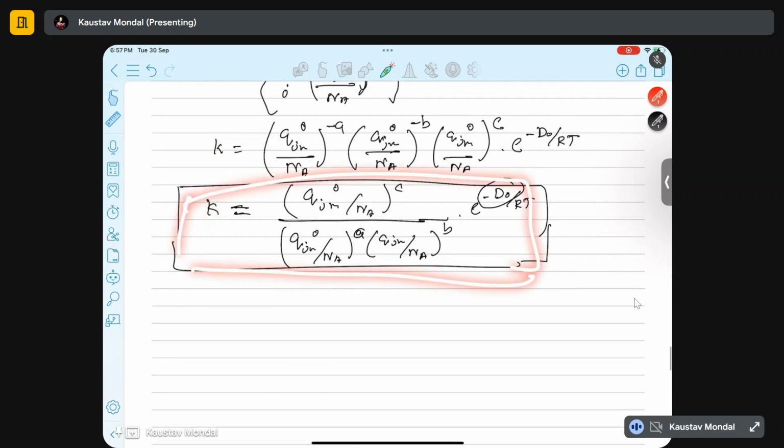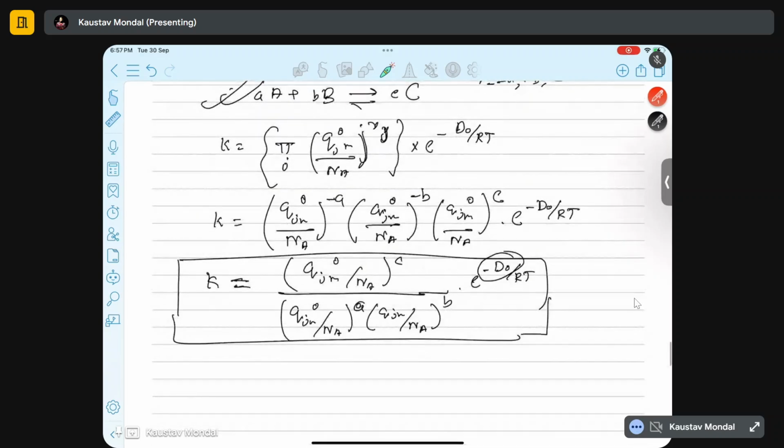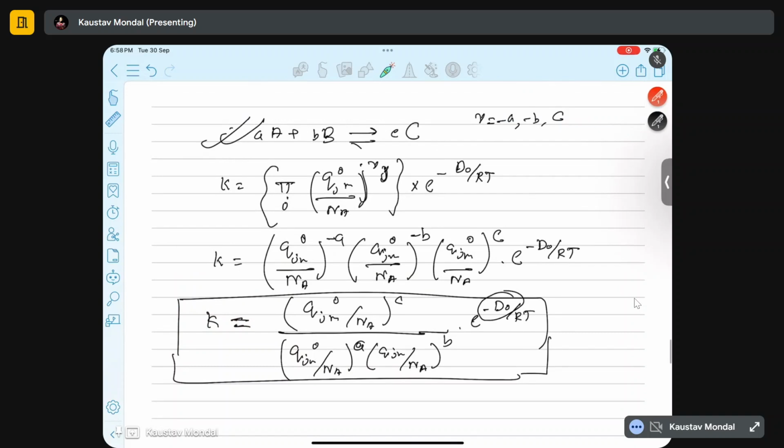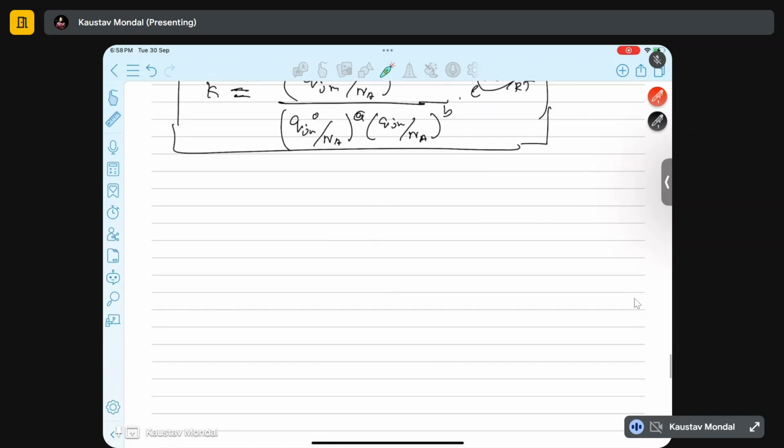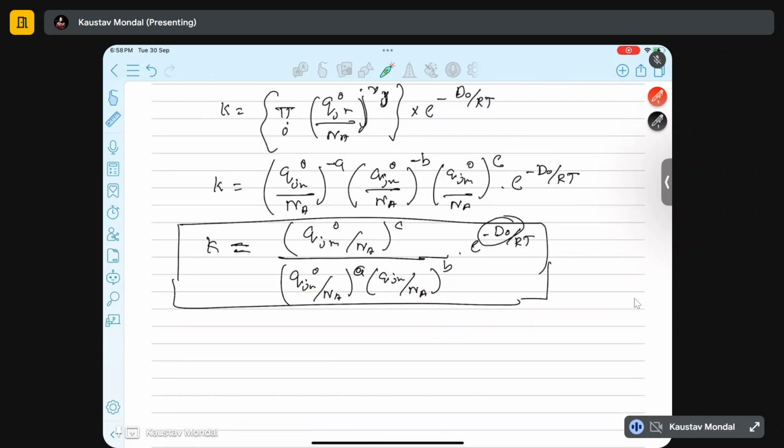So from here you have to calculate each contribution of the partition function, the rotational and vibrational parts of each molecule, and after putting all these values into this expression, we'll get a numerical value of the equilibrium constant. This is how we can calculate K. Next we will take some examples.